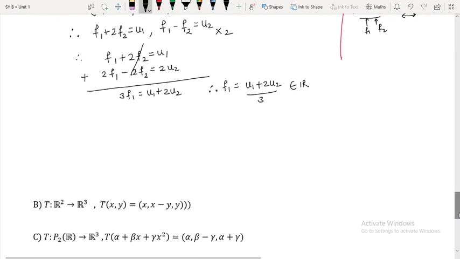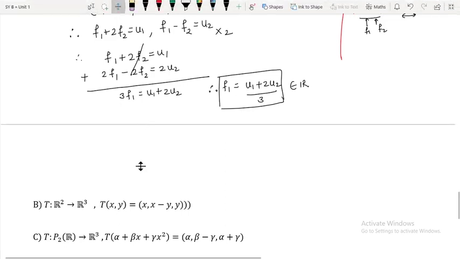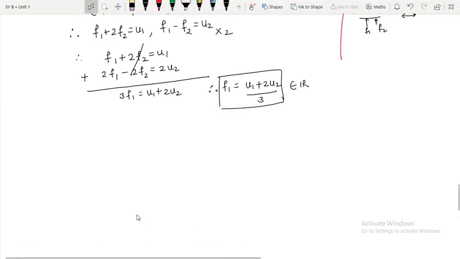Now we have to find f2. In order to get the value of f2, I will put my value of f1 in this equation. I will call it equation 2, since 1 we have already used.